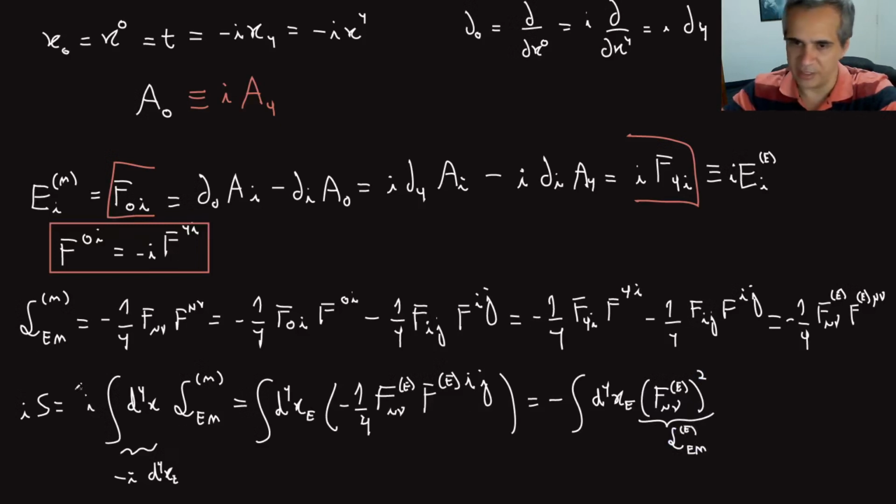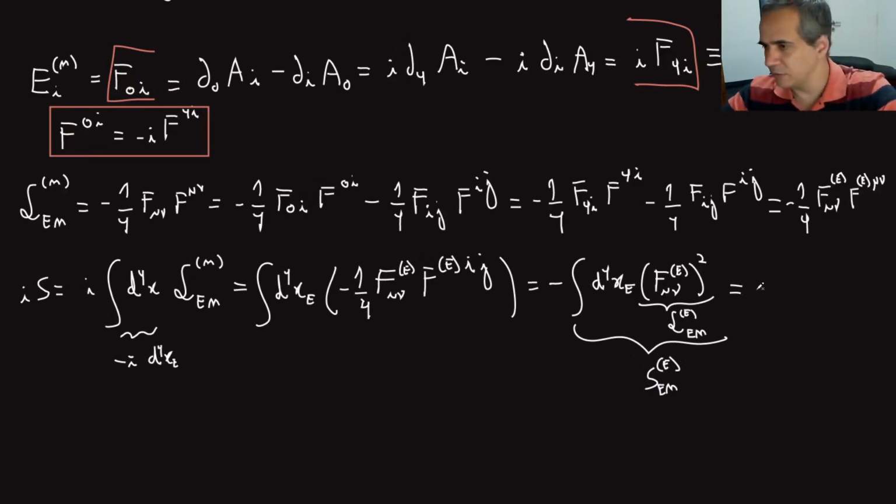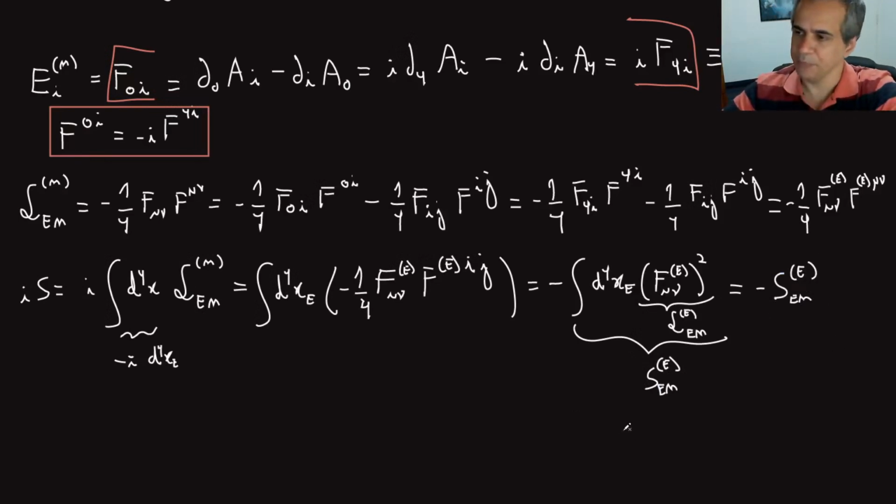EM means electromagnetic, right? And this is what I call the Euclidean action. So the exchange in the exponential, i times the action for minus the action, right? That much is clear and easy, right?